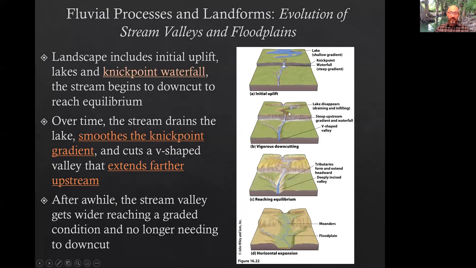Over time, the river degrades the river channel by removing material out from it, and therefore it incises itself down into the landscape. And that means it gets closer and closer to the river valley below. And so the waterfall gets less and less. Basically, the nick point is smoothed out over time.